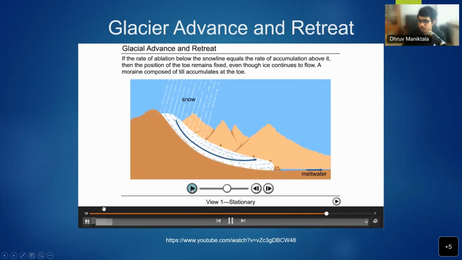In this first scenario, we have the stationary glacier, where the accumulation through snowfall at the top of the glacier is equivalent to the amount being melted at the bottom. When these two processes are in equilibrium, the glacier stays stationary, even though the ice is flowing downwards. We can have a look at the stationary position again.